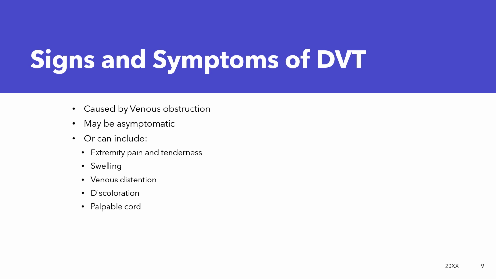So it's leading to all these things. Now, a palpable cord is usually from more of a chronic type of thrombus that has really become hardened, and you can actually feel that like a frozen hose in the patient's leg.